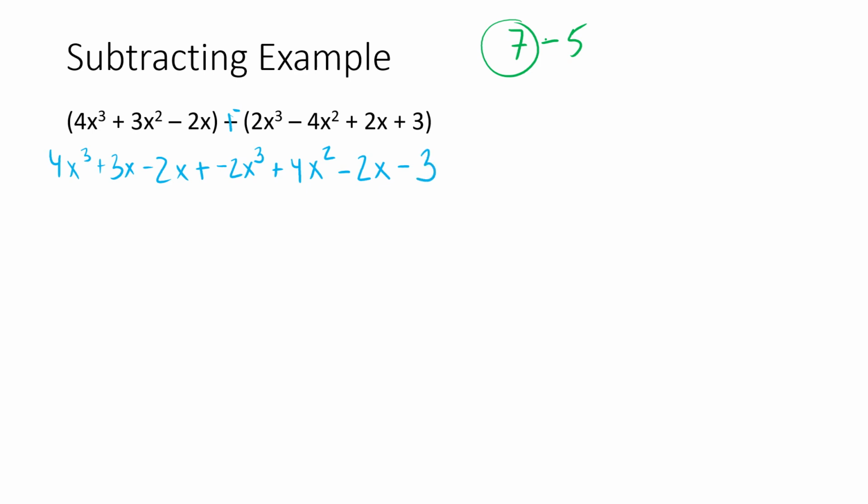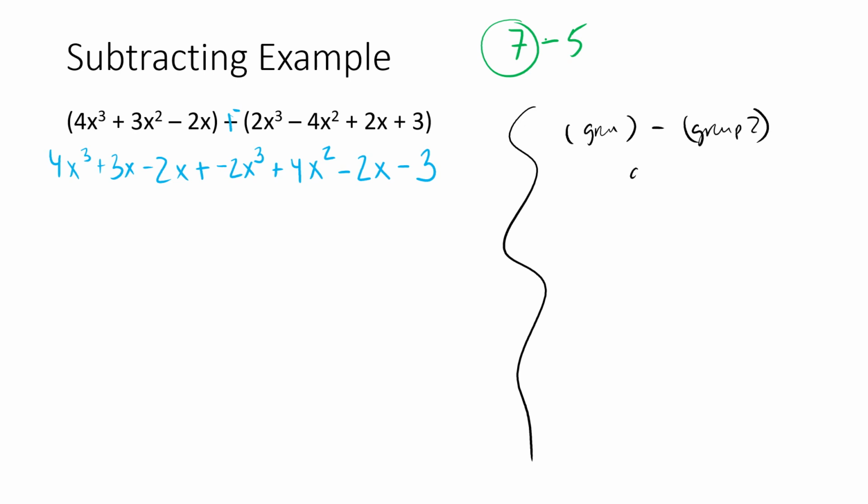And now we're okay. Now, there are other ways that you can think of this, other ways that teachers can express it. So we have a group and then we have another group. You could think of it as distributing the subtraction, which is honestly how I think of it.